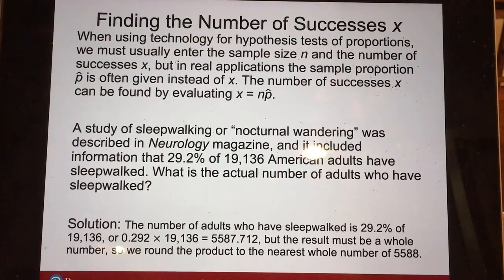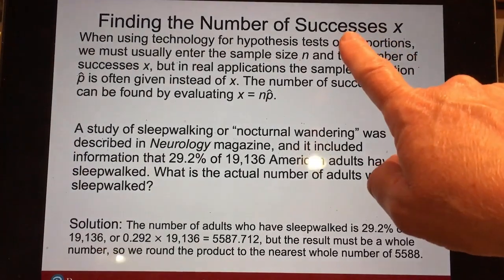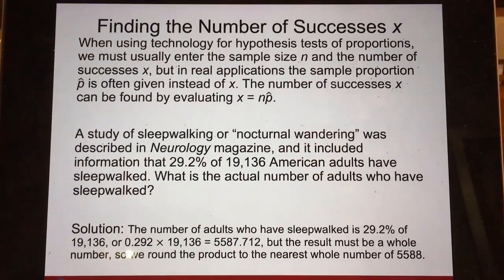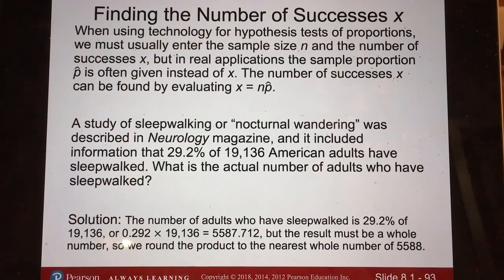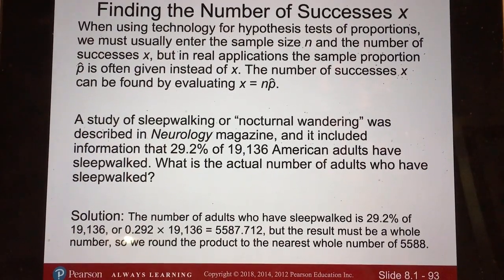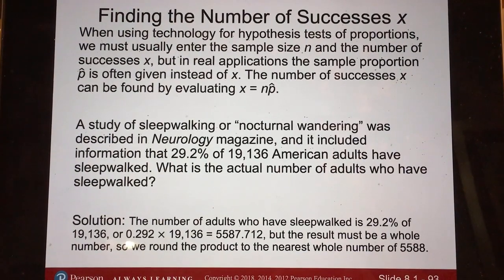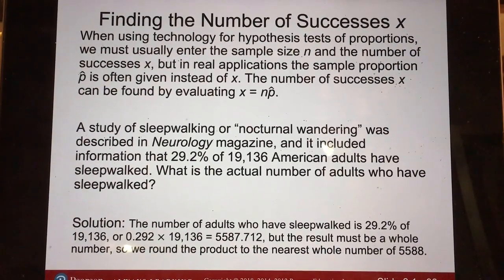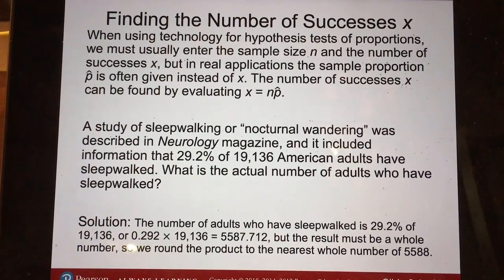Okay, so now this is something you're going to have to do. Finding the number of successes. Remember when we were dealing with our 7.1 and 7.2, we had to find the size of our sample. Given our other information, now we're going to find the number of successes, because sometimes that is not given to us.